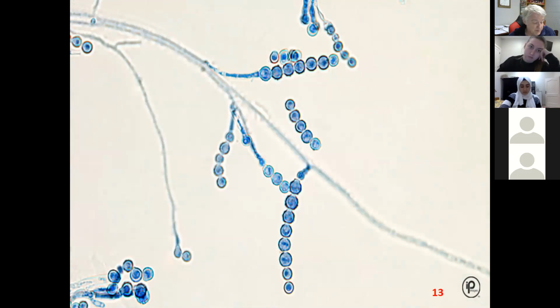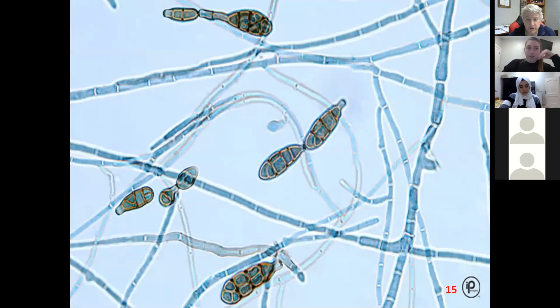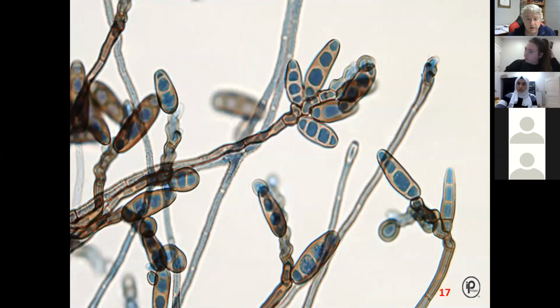Scopulariopsis, sorry, Scopulariopsis. To 15, where we did Alternaria. To 17, which was Bipolaris.